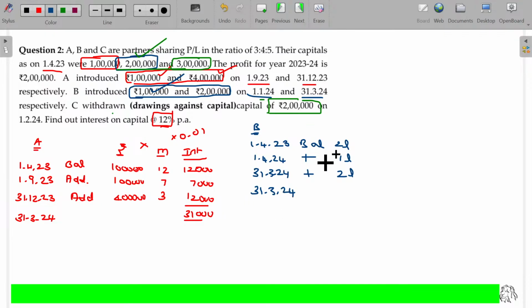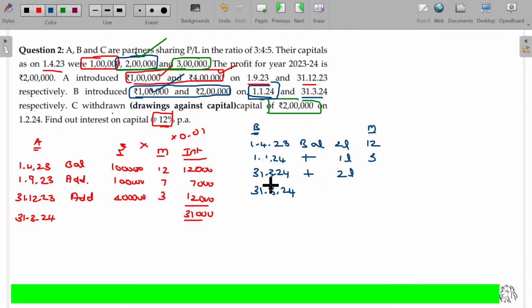Now calculate interest. You can calculate the interest for the first one being 12 months. This one is 1/1/24, sorry. 1 lakh additionally invested on 1/1/24, so from that date to the year end, only 3 months.